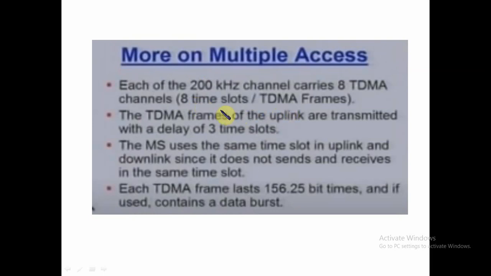The TDMA frames of the uplink are transmitted with a delay of 3 time slots. The mobile station uses the same time slot number in uplink and downlink, since it does not send and receive at the same time. Each TDMA frame lasts 156.25 bit times and carries a data burst.